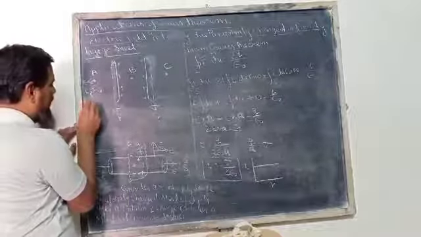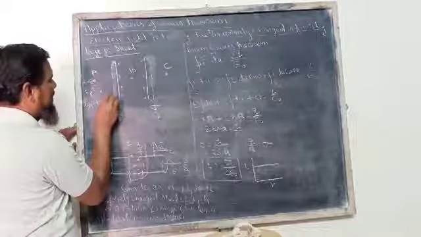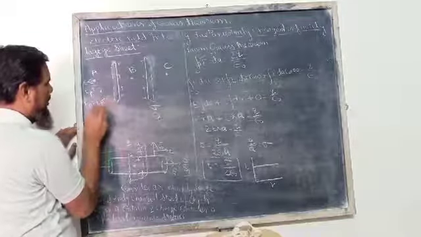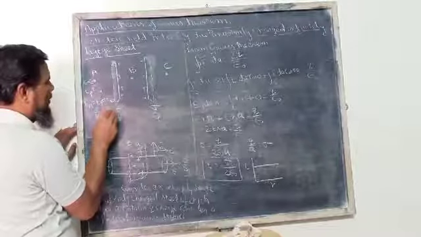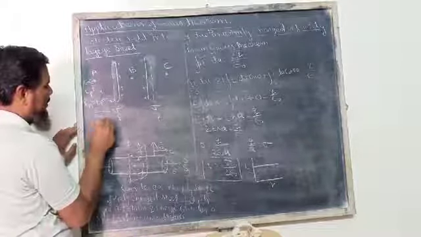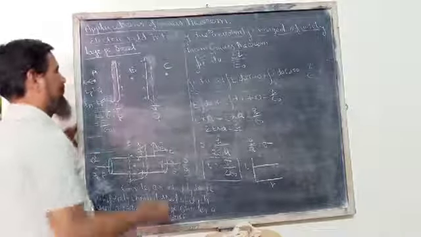The value of EA is equal to EP plus EQ, means sigma upon 2 epsilon naught plus sigma upon 2 epsilon naught. So sigma upon epsilon naught will be the electric field intensity.